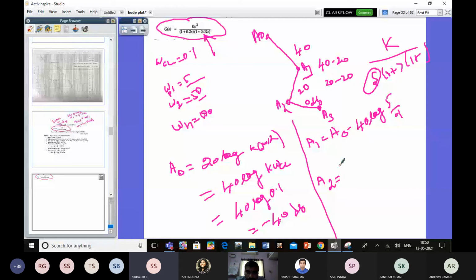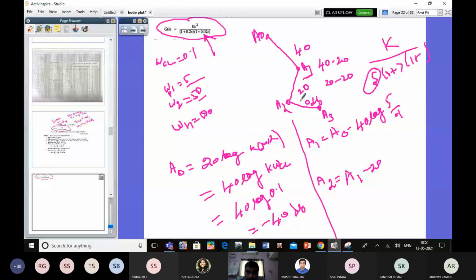Is it minus? What is the change in the slope here, dear? Sir, A1 plus 20 log of. Yes, here also it should be plus. It is not minus. You can see the change in the slope, whether plus or minus, and write the same thing.